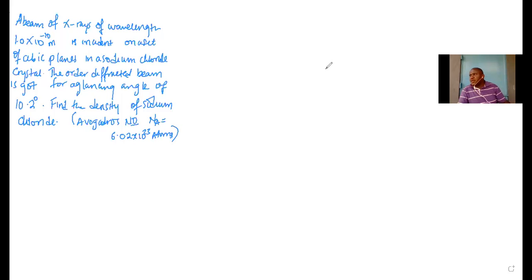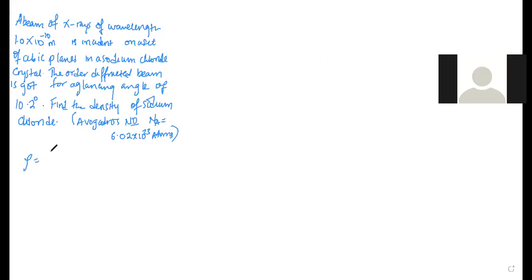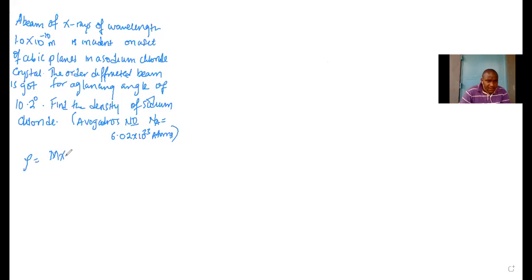Now with this number, we're looking at a crystal which is sodium chloride. Remember the formula we talked about last time: density equals mass times 10 power negative 3, when you convert the mass to kgs, divided by Avogadro's number.